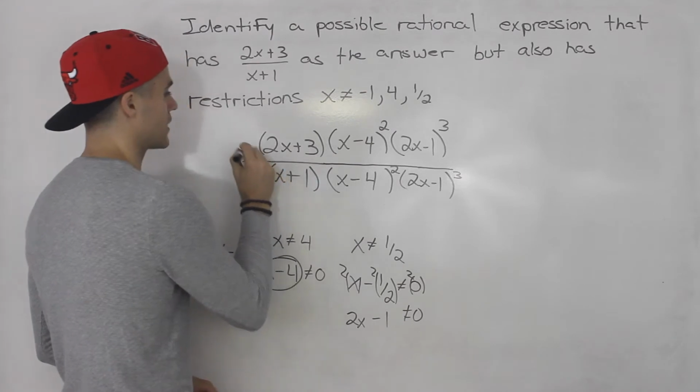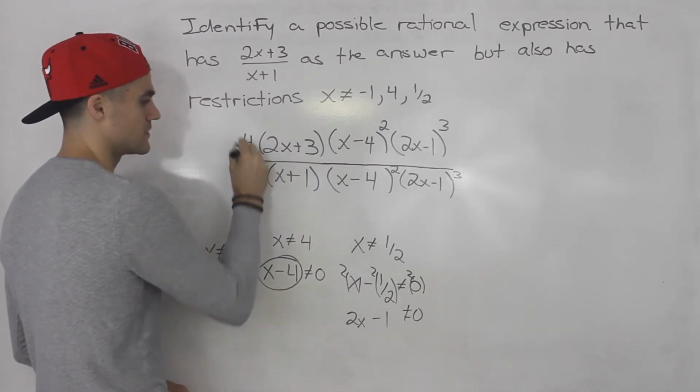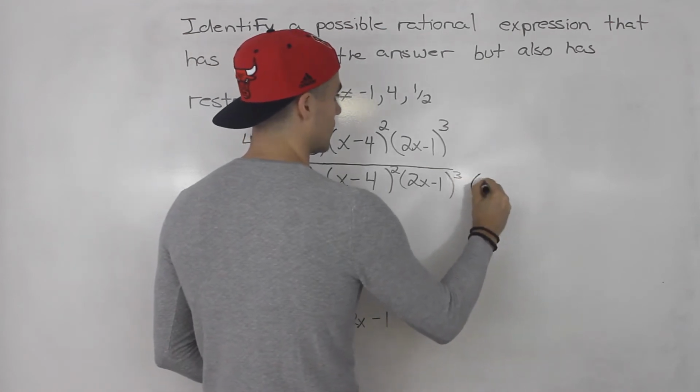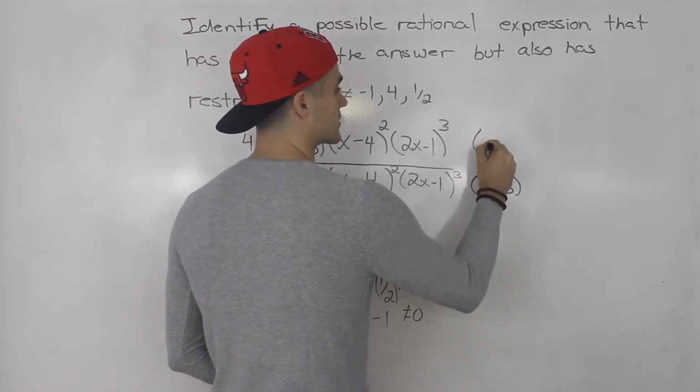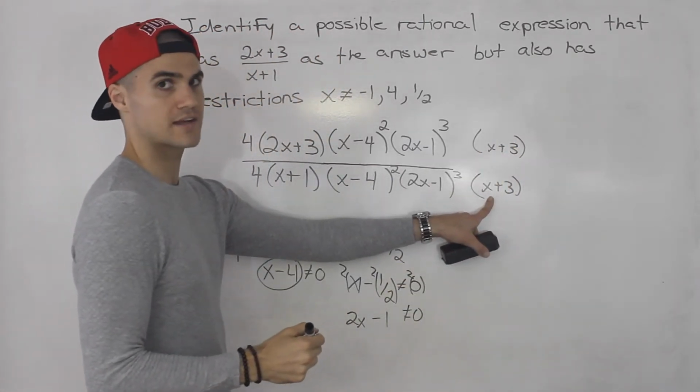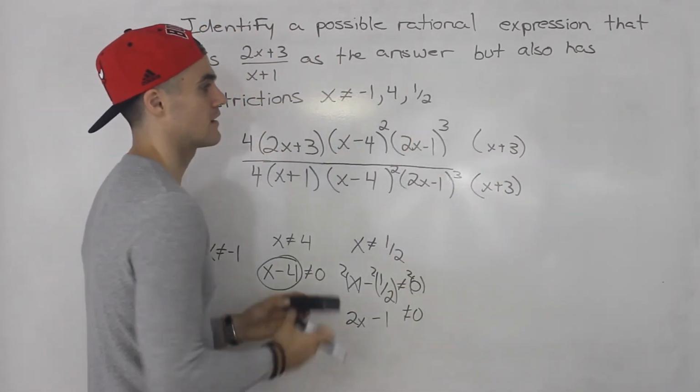You can't add another factor if there's no restriction. Another thing you can do is put constants in front, the same constants, but you can't add another factor like x + 3 and then x + 3. Because if that factor was there, one of the restrictions would be x cannot equal -3, but that's not there.